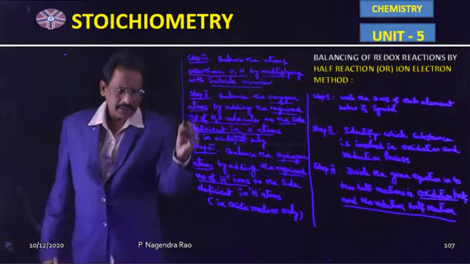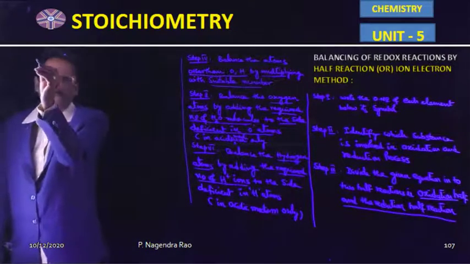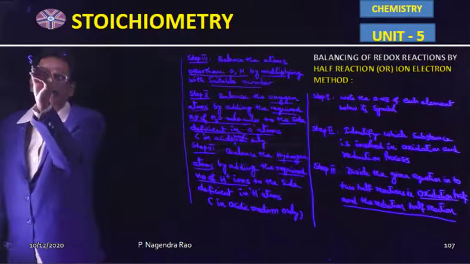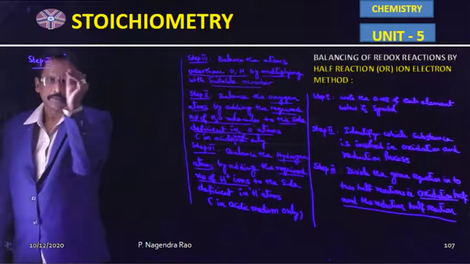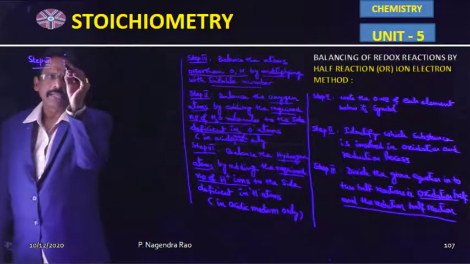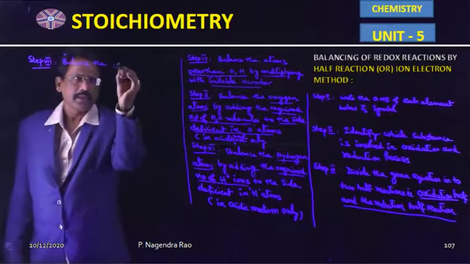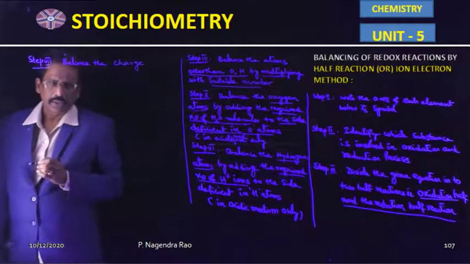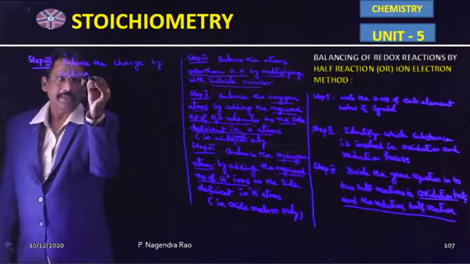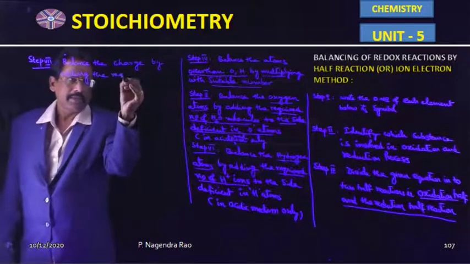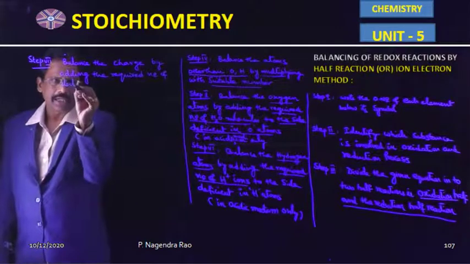That's why the next step is to balance the charge in each half reaction by adding the required number of electrons.